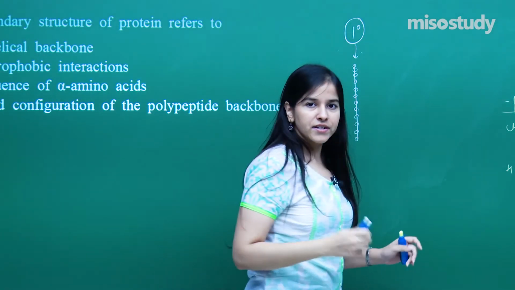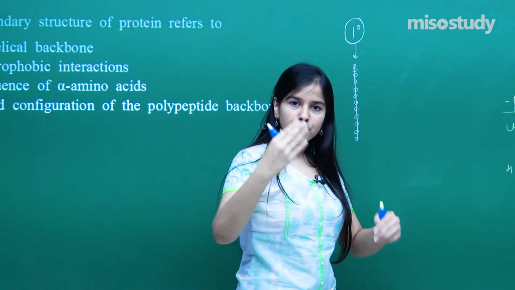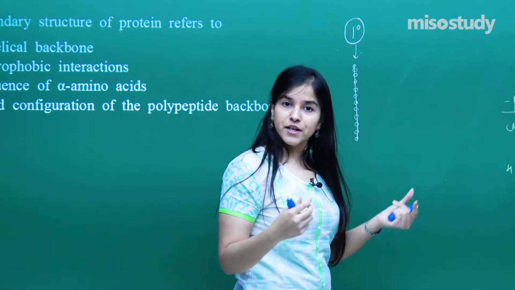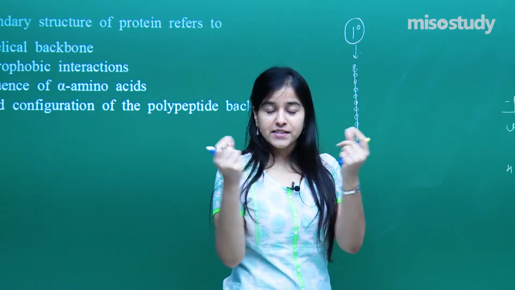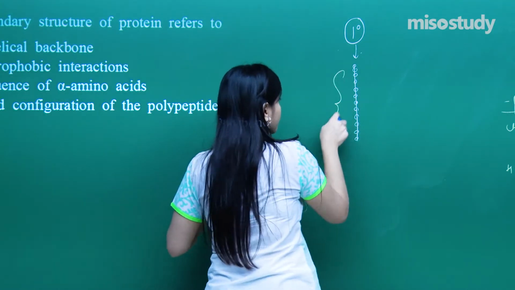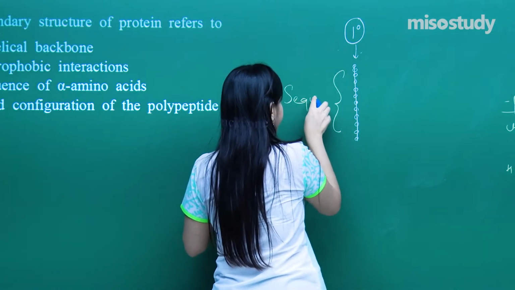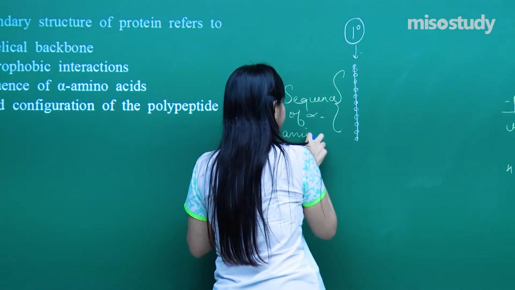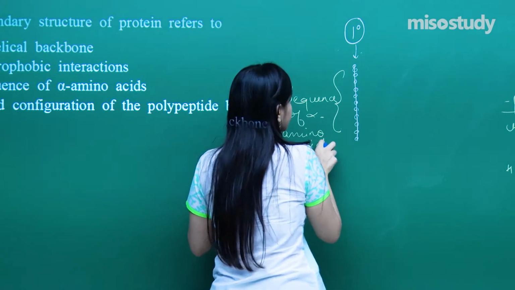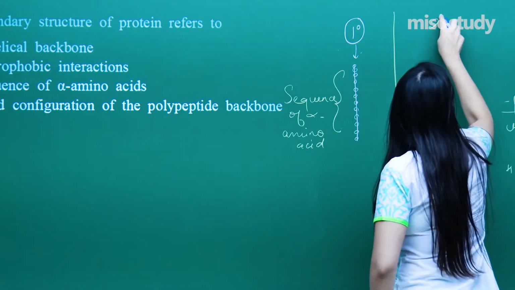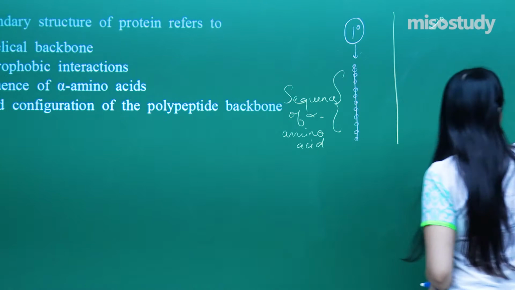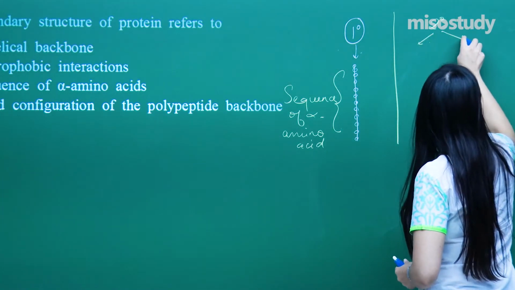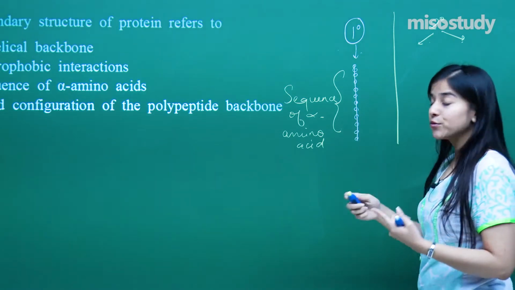And what about the secondary? Secondary now comes up with more structures. That means a different kind of a representation of this straight chain, of this sequence of amino acids. So basically the primary represents a sequence of alpha amino acids, whereas the secondary one has got two types of structure formed. Now this chain getting developed into a structure.